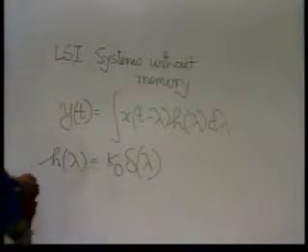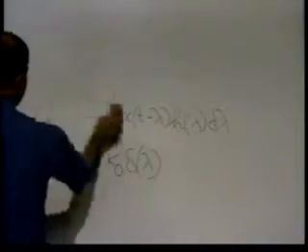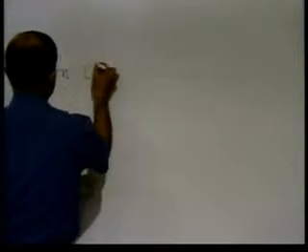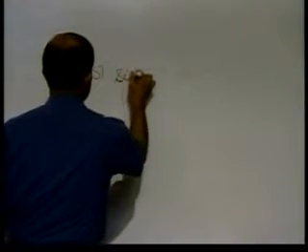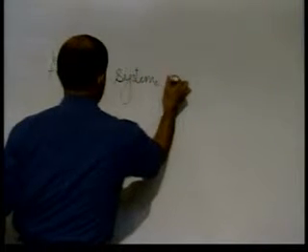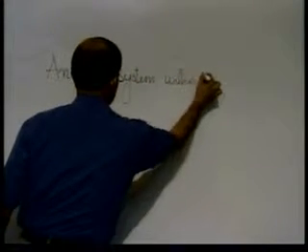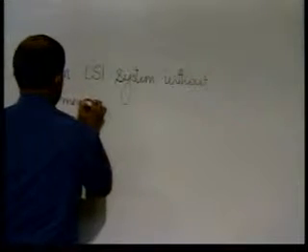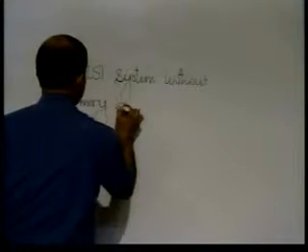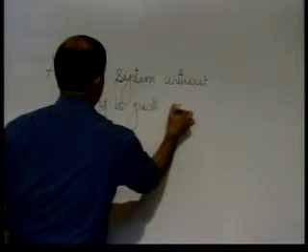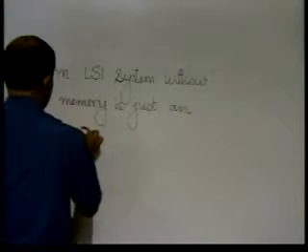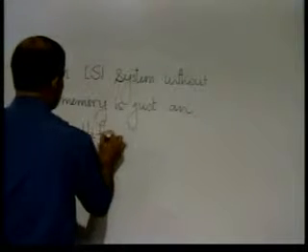In fact, that also indicates what is the most general class of LSI systems without memory. In fact, they are trivial. LSI systems without memory are simply multiplication operations. So what is an LSI system without memory? It is just an amplifier, so to speak, or attenuator. I mean, you should interpret amplifier also as attenuator.